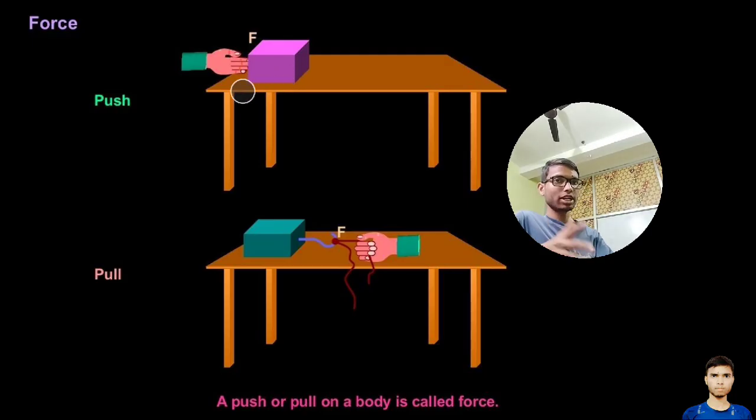It is not moving at all. When you start pushing this object, what will happen? This object will change its position, isn't it? It will happen. When you apply force on this object, when you push it, then this object will change its position, and at the same time it will cover distance with respect to time.